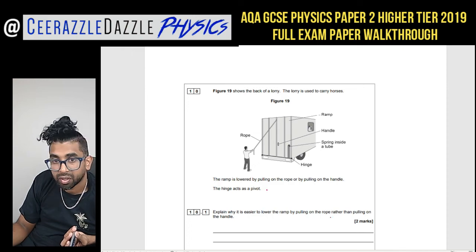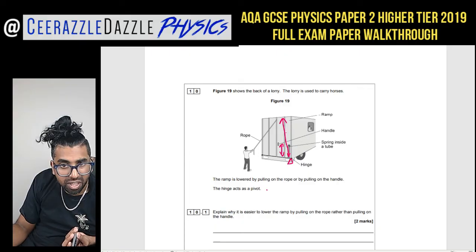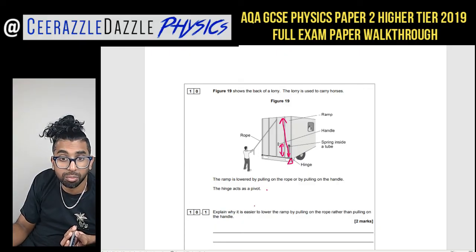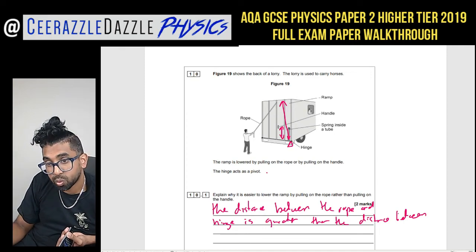Why is that possible? Well, look, guys, if you know the hinge point is over here, this distance is smaller than this distance going all the way up here to the top. So therefore, you've got a greater distance from the pivot point. The distance between the rope and hinge is greater than the distance between the handle and the hinge.